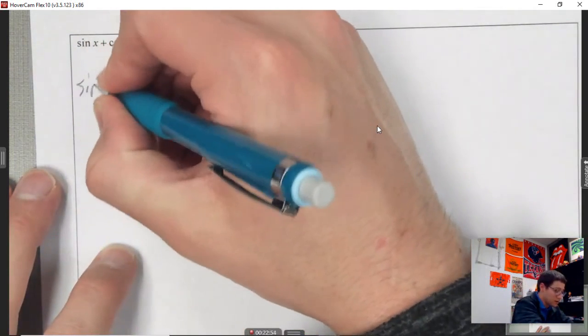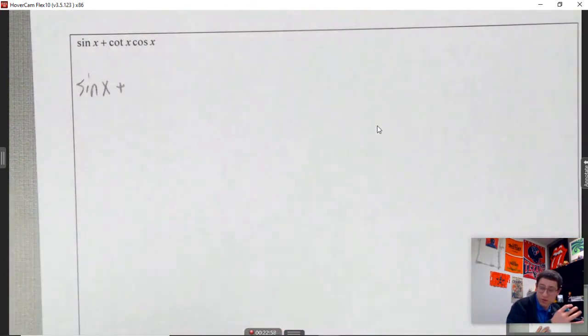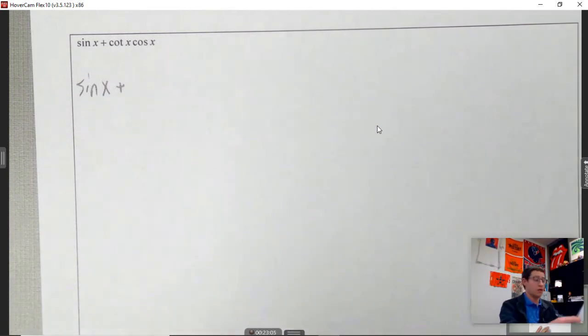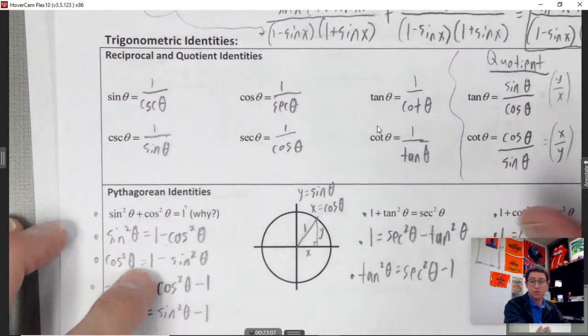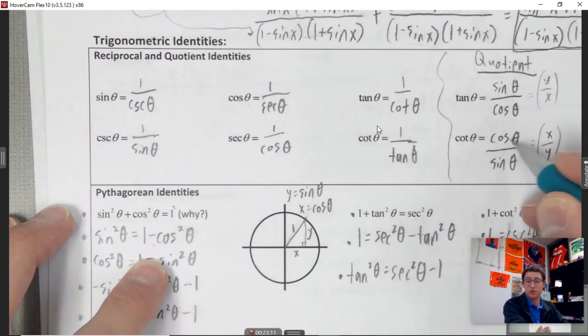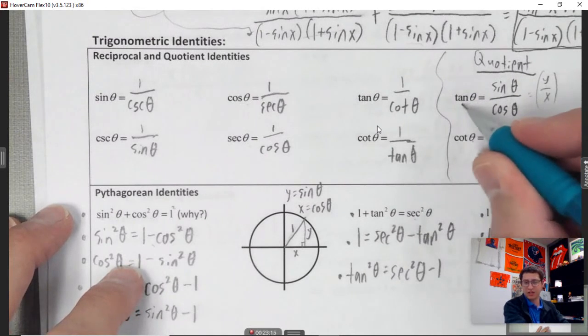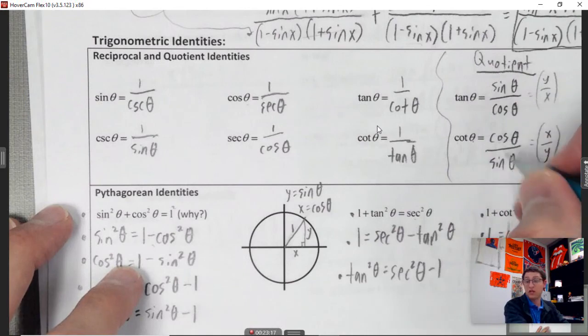So I've got sine of x. I don't change that one. But I know cotangent. Hopefully we remember that tangent is sine over cosine. Hopefully we remember a little bit from last time that cotangent of theta is equal to cosine over sine. Again, tangent is sine over cosine, cotangent is flipped.